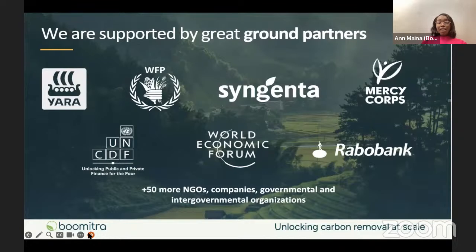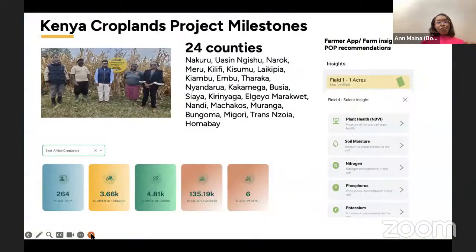We have received tremendous support from our partners and investors, such as Yara, the World Food Programme, Syngenta, Mercy Corps, Rabobank, WEF, UNCDF, just to mention a few, because they have offered great support in ensuring that the carbon credits we're generating trickle down to the communities we're working with. This is our proof of concept that it's possible to bring these carbon credits to farmers, and we work with individual farmers.